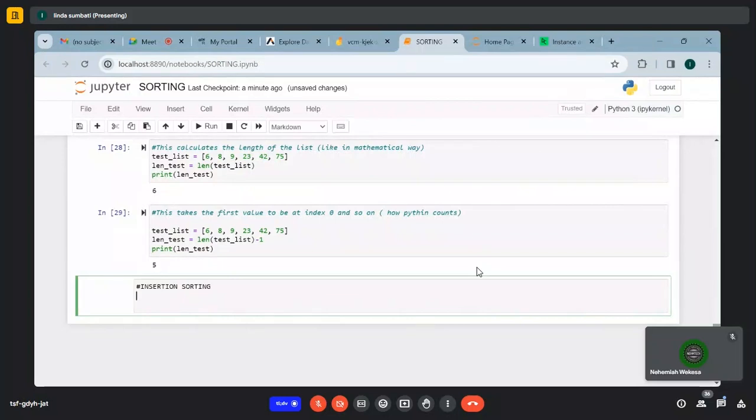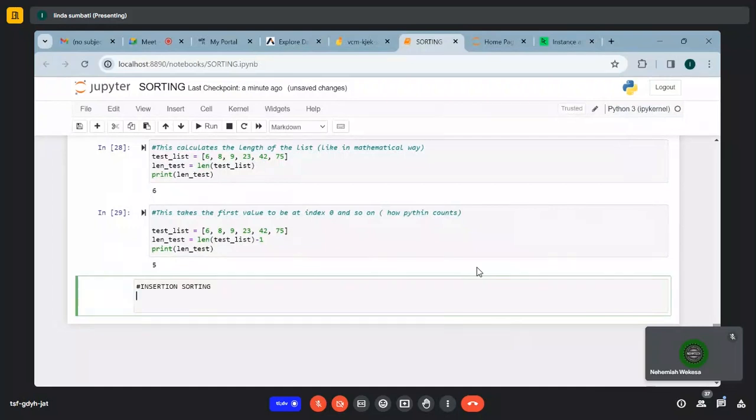But with the insertion, the goal of the insertion sort, like how it works, it inserts the element at the right place in the same list. Like, for example, if you have a list, it makes sure that that element is placed at the correct place, where it's supposed to be, in simple terms.